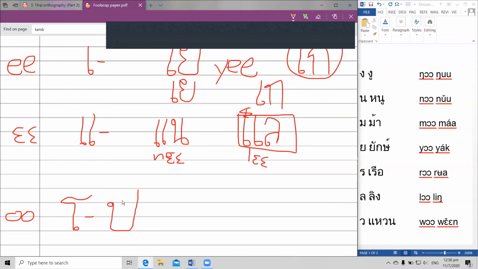It's also extending from the top line, right? So for example, if I say ngo, right? Ngo. If I want to write ngo, I write the sara O first, all right? And then the ngongu. Okay, make sure the relative height is like that. The relative height. Sorry, the bottom. All right.